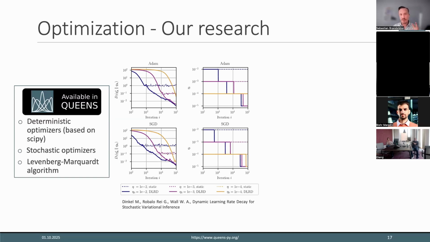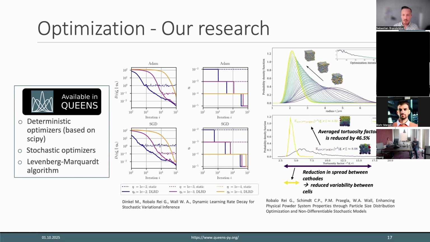Stochastic variational inference is a type of algorithm to solve uncertainty propagation problems, where you have a learning rate which influences the convergence a lot, and so you want to balance it out and be most efficient in identifying the best learning rate. Yeah, so they are working on improving in this regard.